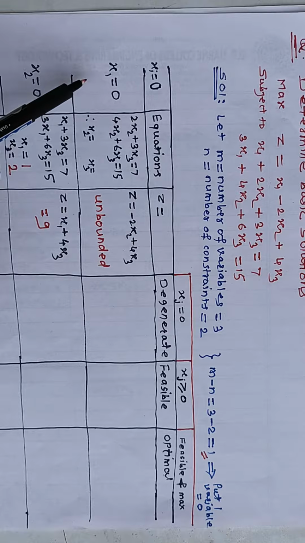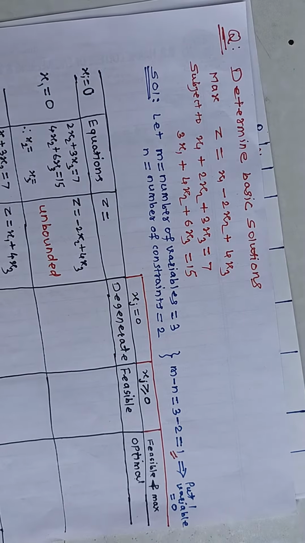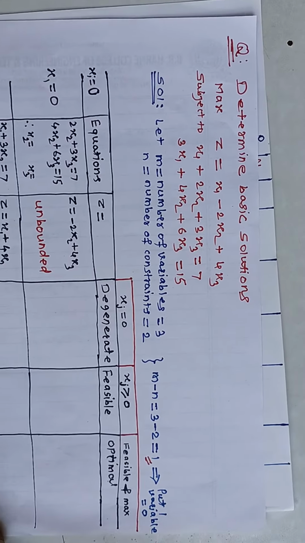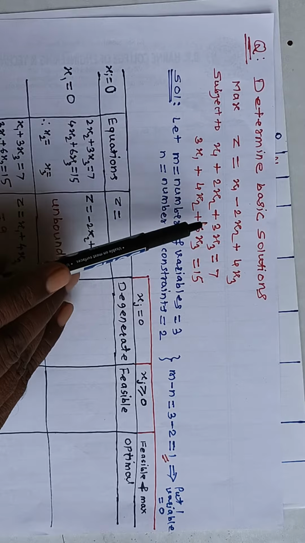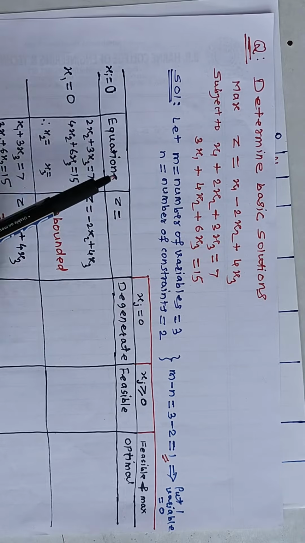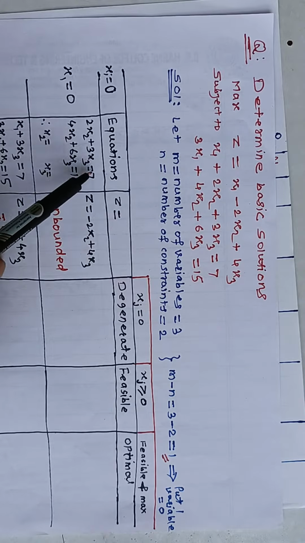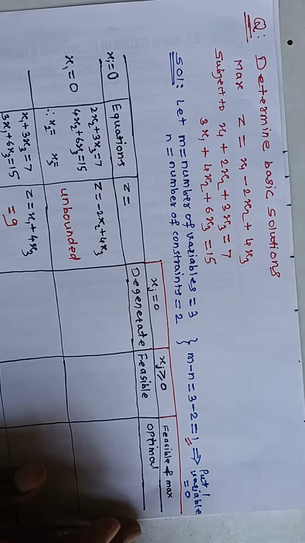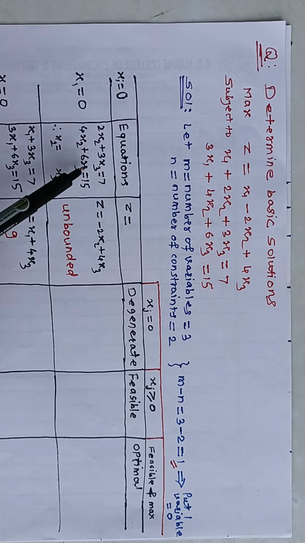Remember, x1 is equal to 0. x1 is equal to 0 put in constraints, then equation becomes 2x2 plus 3x3 is equal to 7 and 4x2 plus 6x3 is equal to 15. Solve these two equations simultaneously, either mathematically or you can solve these two equations by using calculator also. If we solve these two equations by using calculator, you should get maths error or syntax error.